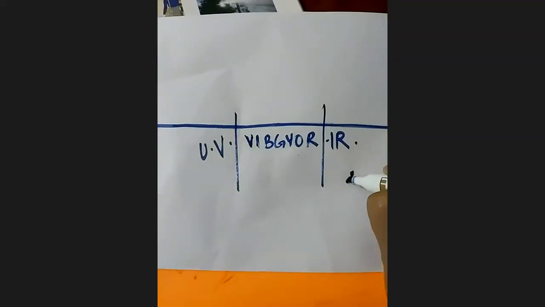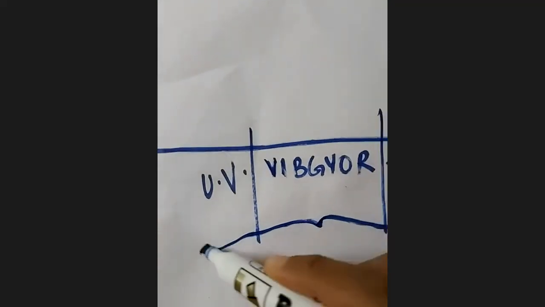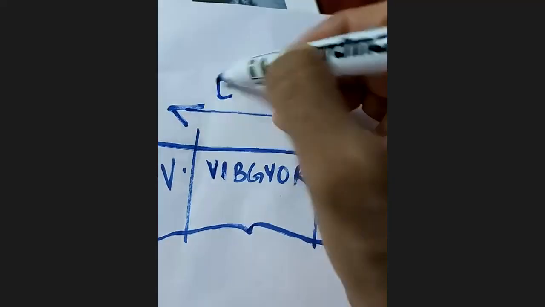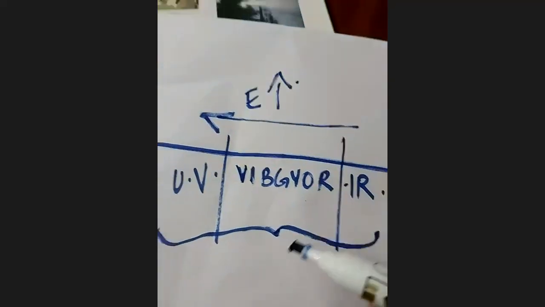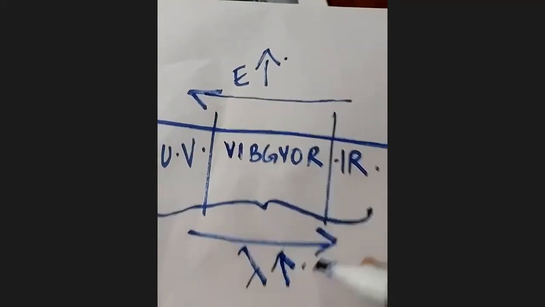So remember, thermal radiation or light is made up of these three. The energy is increasing this way, and wavelength is increasing this way.